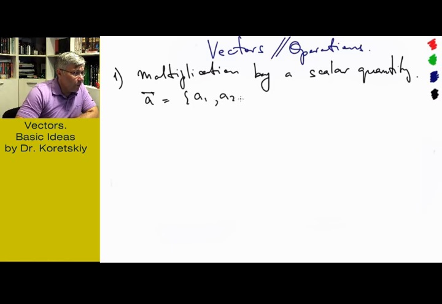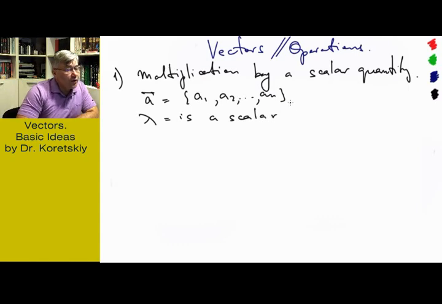It has some components. Lambda is a scalar. Scalar is a special term. It means some non-vector mathematical element. Usually it is a number, but sometimes it can be a function.